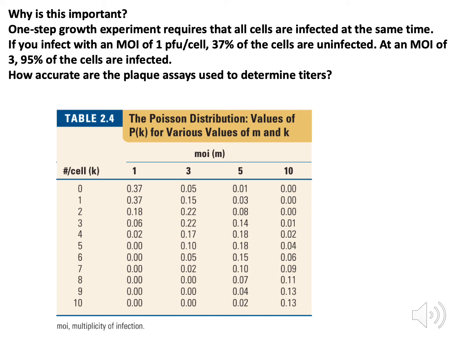At an MOI of 3, 95% of the cells are infected. At an MOI of 4, more of the cells are infected, but there are still uninfected cells. So it's important to really get a grip on what this table looks like.